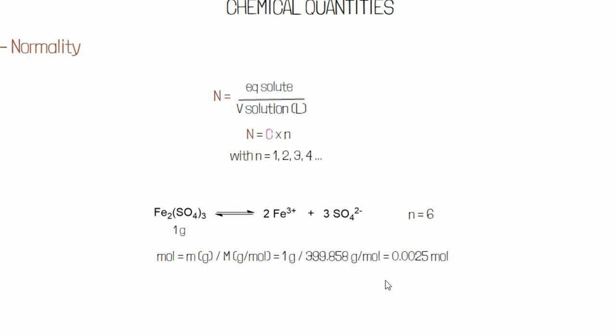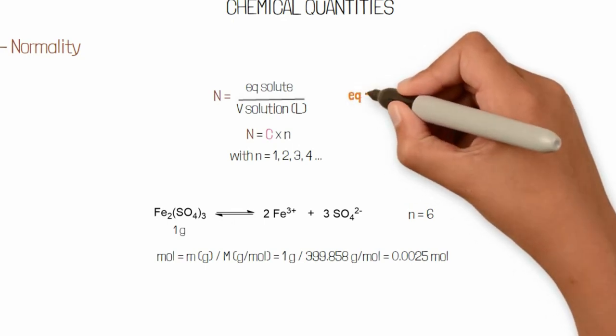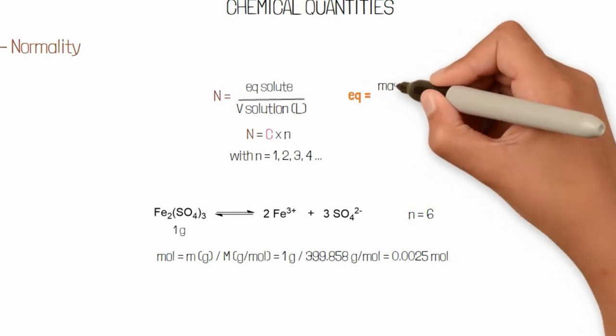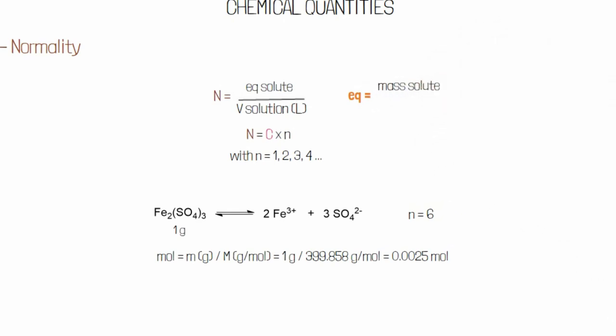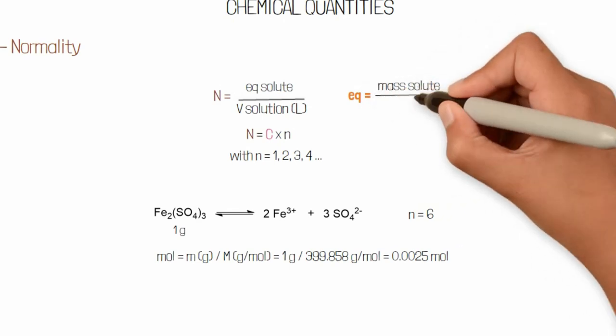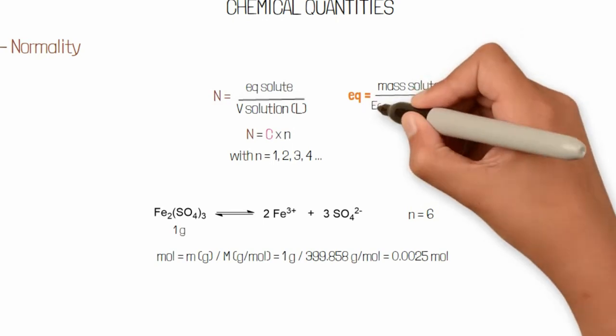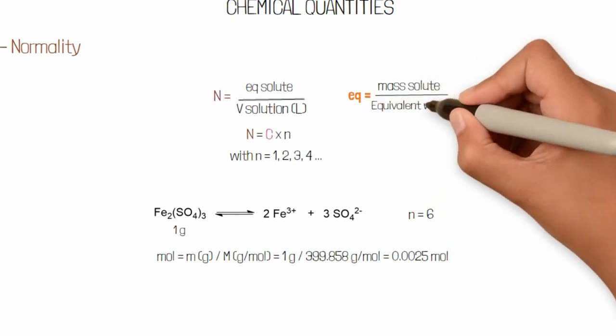Now we need the definition of equivalent. So equivalent is given by the mass of solute divided by what is called the equivalent weight.